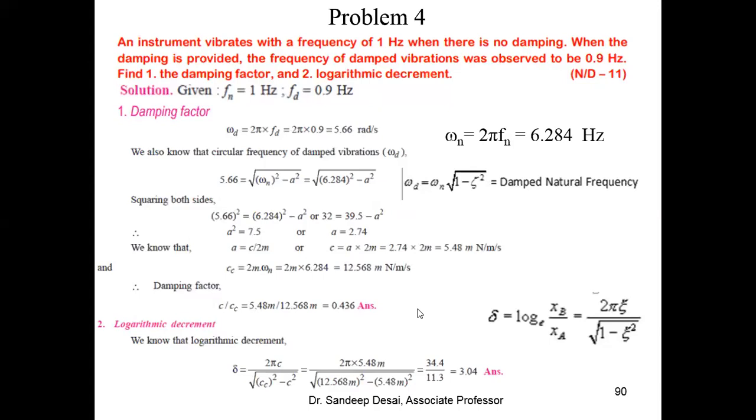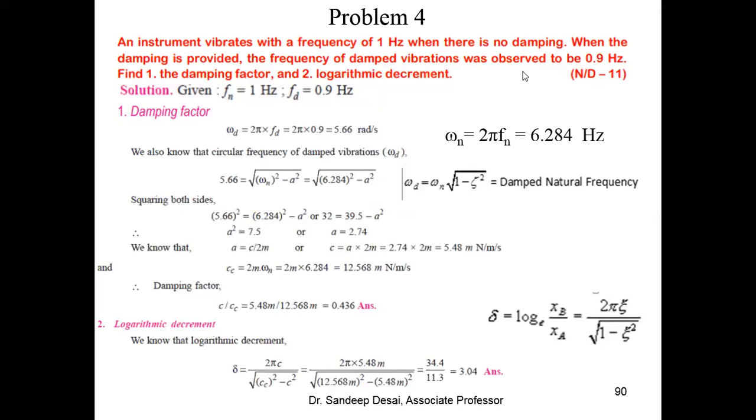Right. So an instrument vibrates with a frequency of 1 hertz when there is no damping. So this sentence indicates that this is frequency, that is 1 hertz when there is no damping. So it is undamped natural frequency because there is no damping. When damping is provided, frequency of damped vibrations was observed to be 0.9 hertz.